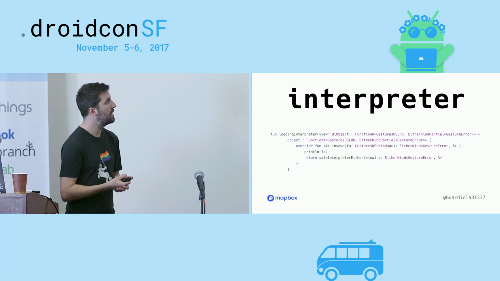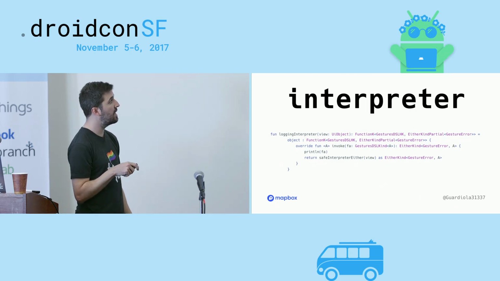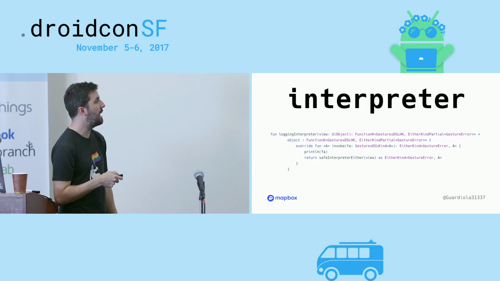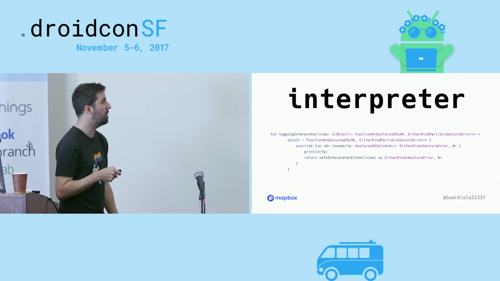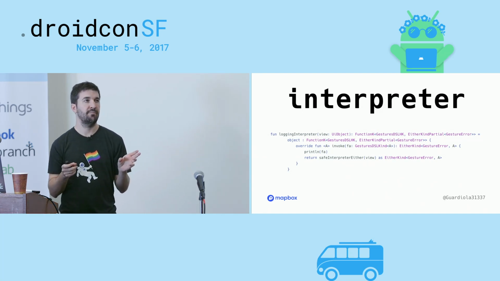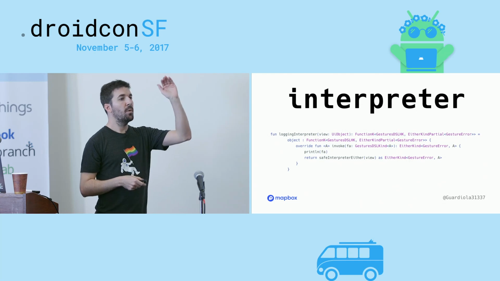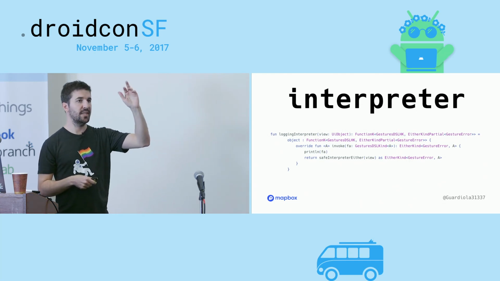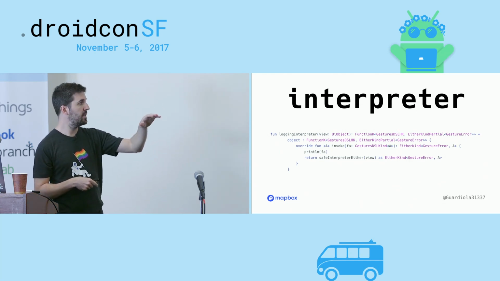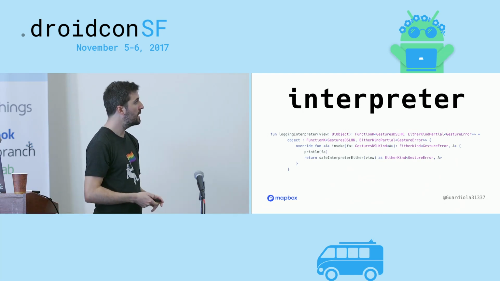And in this case, I added the logging capability, and then I also use another interpreter, which is a kind of fail fast approach. So whenever you reach an action which fails, it will stop the execution of the following ones.